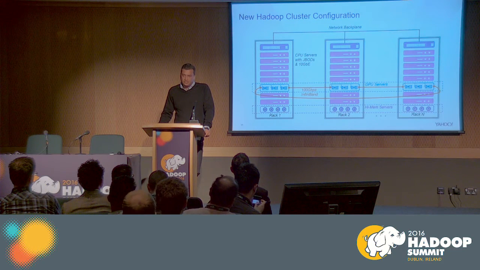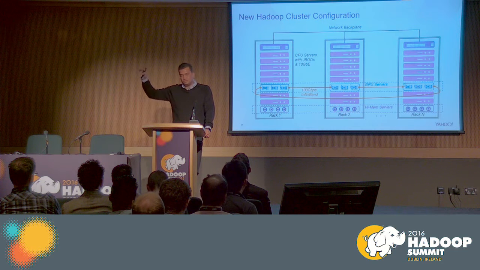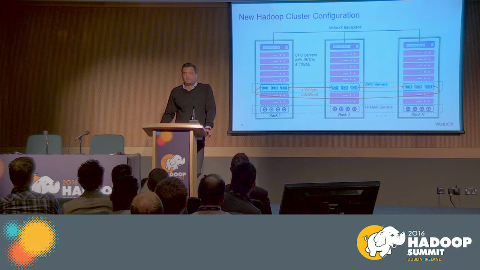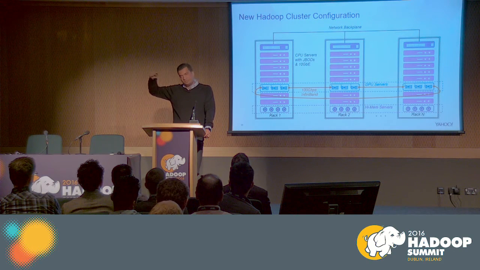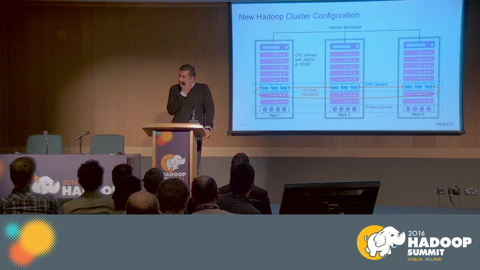But the 10 gig networking we have between our servers and top of rack and then into the backplane, we thought that was not enough to handle deep learning type applications. So what we did was we connected these GPU servers together with 100 gig InfiniBand just as an alternate path, and that had two benefits. It gives you RDMA for direct memory access into these GPU servers.